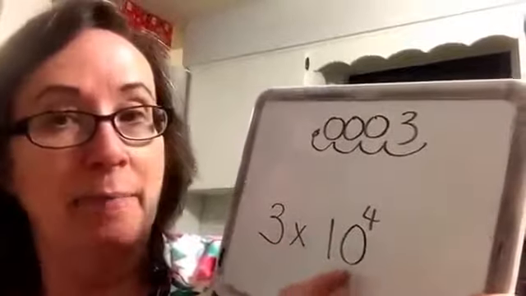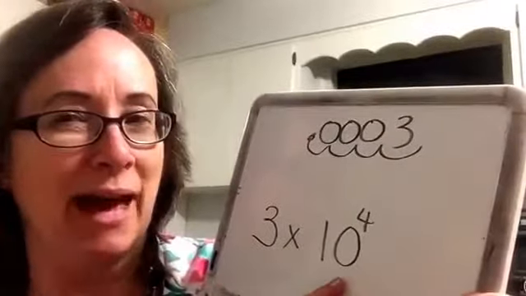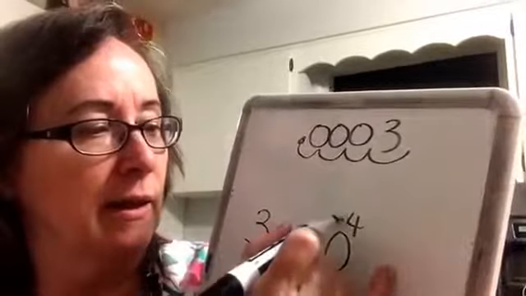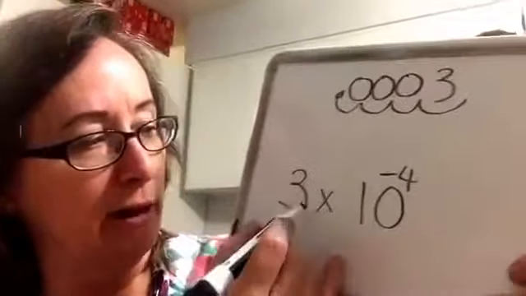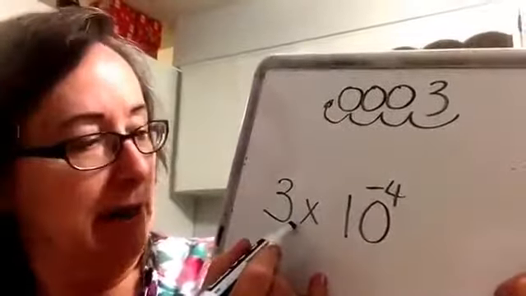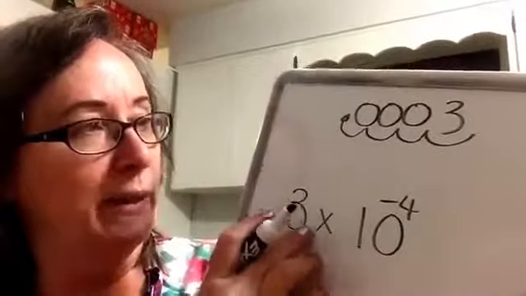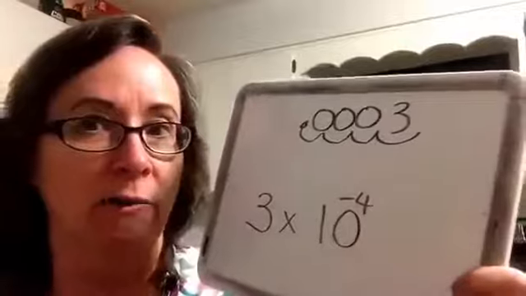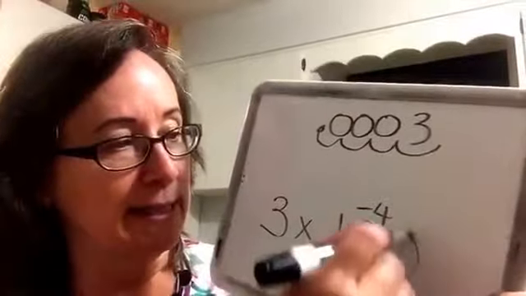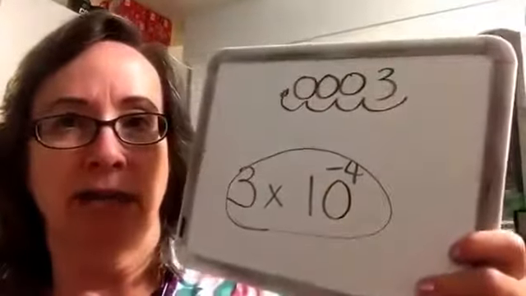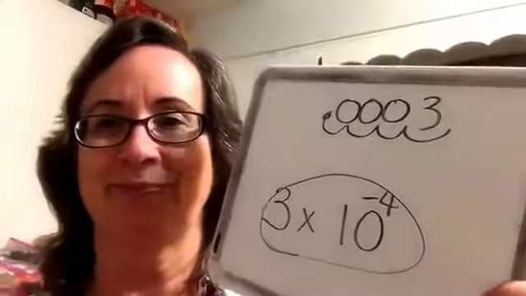Therefore, my power has got to move it back to the left. Okay, so if we started with the decimal here and we moved the decimal back 4 spaces, we would get back to our original number. So this is the scientific notation for that number.